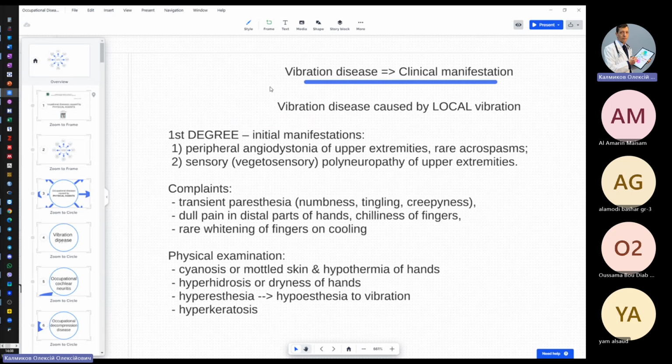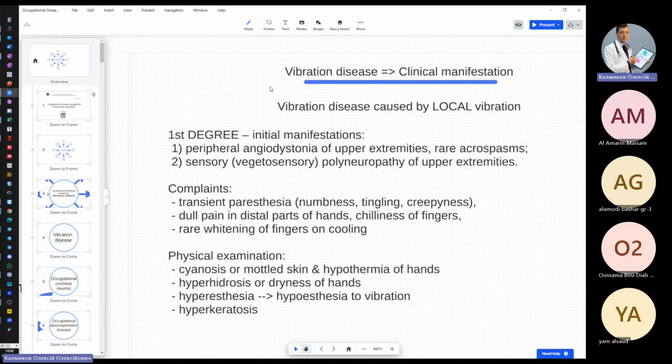So vibration disease caused by local vibration at the very first degree is characterized by two obligatory components: peripheral angiodystonic syndrome with rare acrospasms and sensory or vegetosensory polyneuropathy of upper extremities. How do we understand whether acrospasms are rare or often?